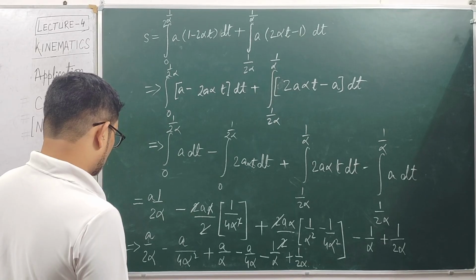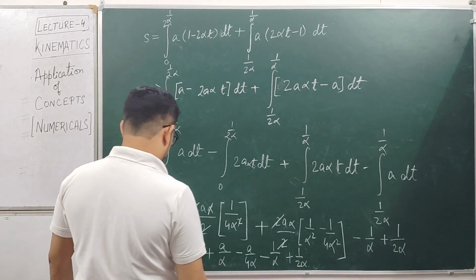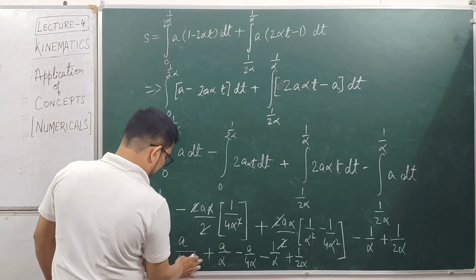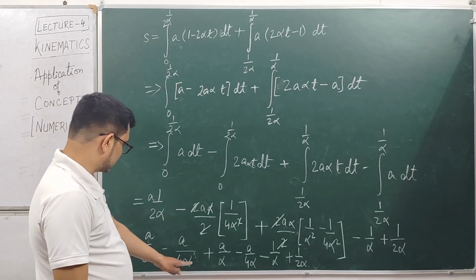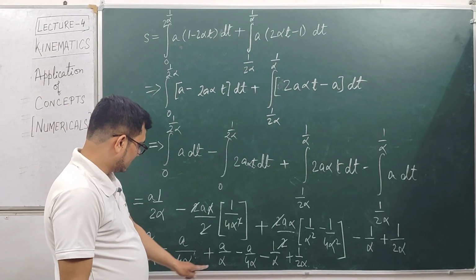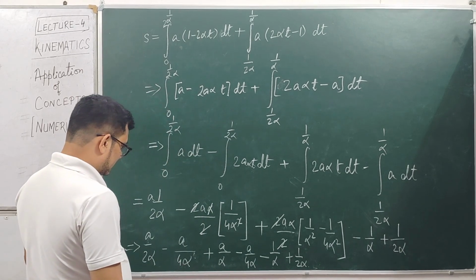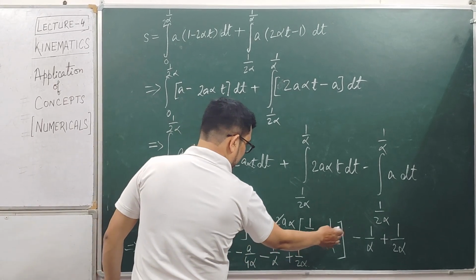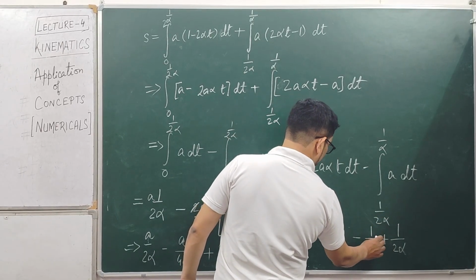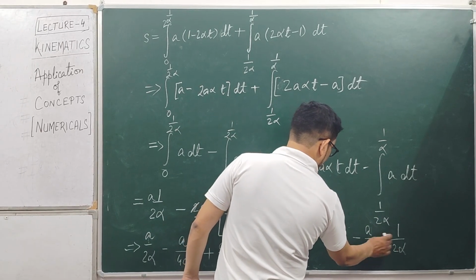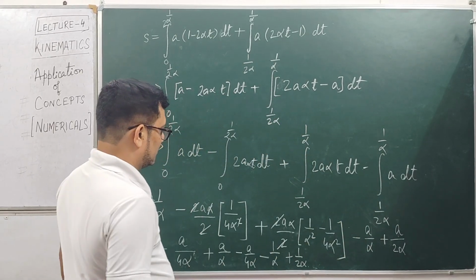Let's see what gets cancelled out. We should not forget that here one alpha gets cancelled, so this alpha goes here square, so a by alpha and a by 4 alpha, and here it becomes a also, so a is always there.